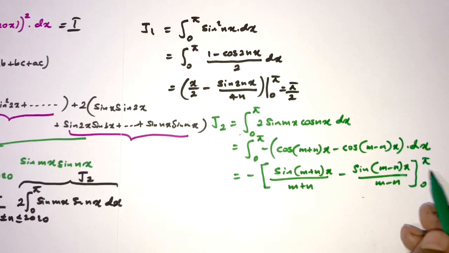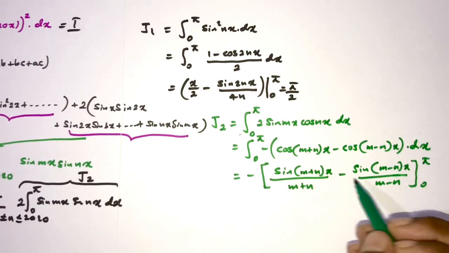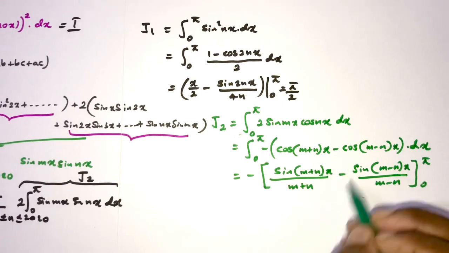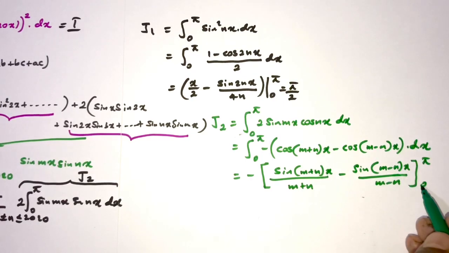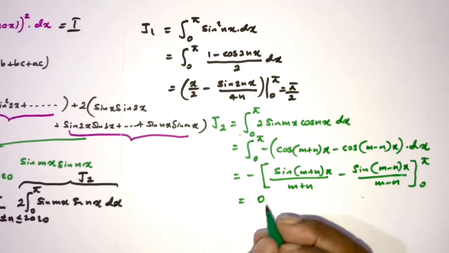If we plug in pi, since m and n are positive integers, sine of (m plus n) times pi is 0, and sine of (m minus n) times pi is also 0. If we plug in 0, also 0. So this is equal to 0.